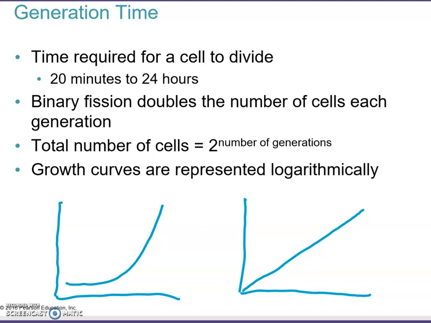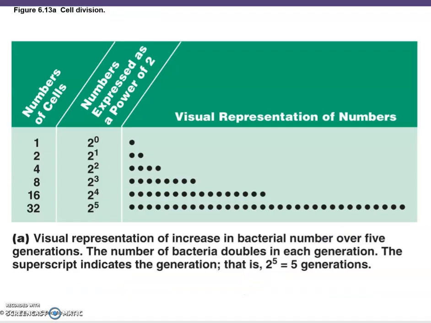So the J-shaped curve, this is a linear representation of the growth of the bacteria, and here this would be a log plot of the bacterial growth.